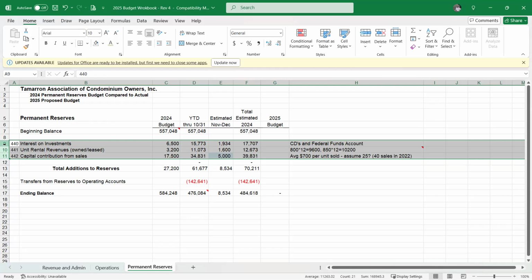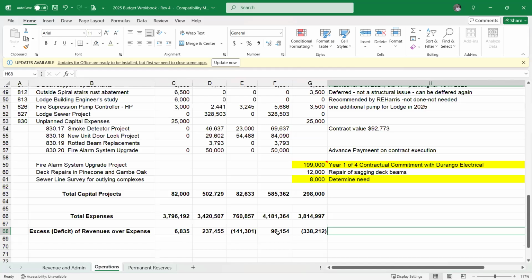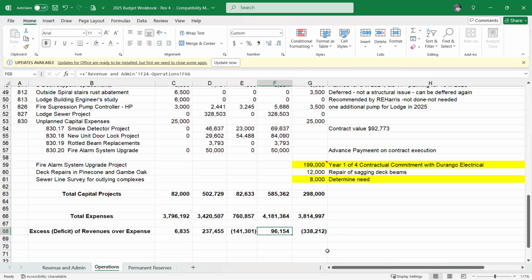I think that's what we're trying to avoid, is having to dip into reserves for places where we under budgeted. Look back at what happened in 2024. We're going to be 96,000 in the black.